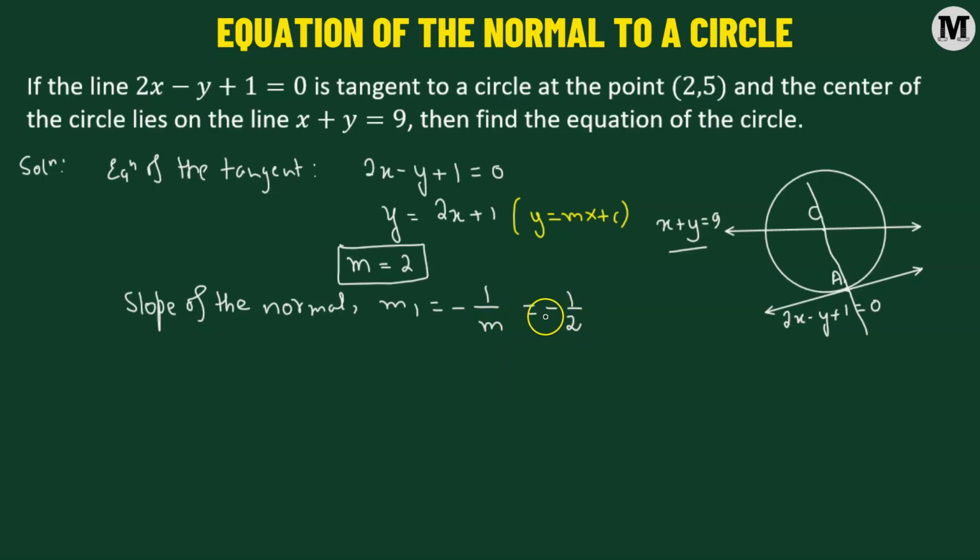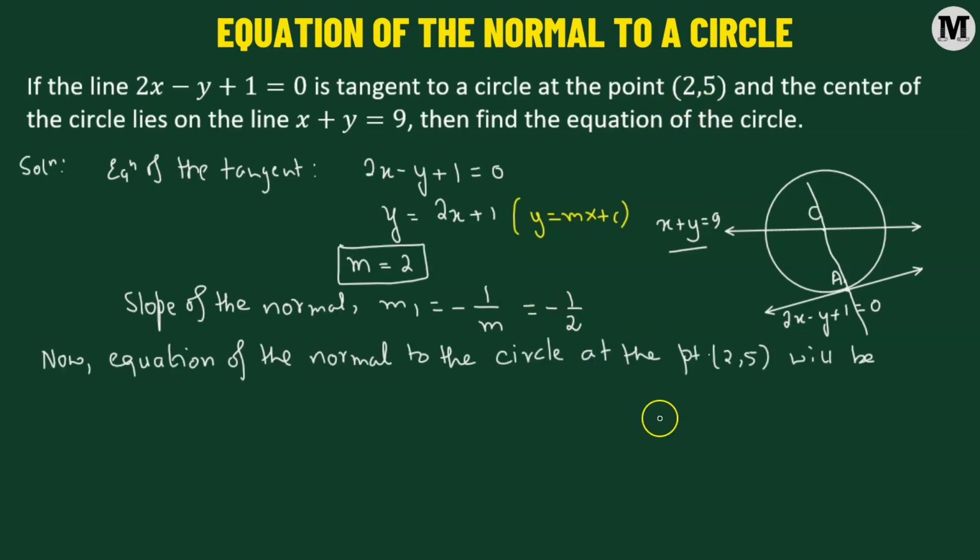So we have the slope of the normal line, and the line is normal to the circle at the point (2, 5). To find the equation of the normal line, we'll use the point-slope form, which is y minus y1 equals m times (x minus x1). Here m is the slope, and (x1, y1) corresponds to the point at which the line is normal to the circle, so in our case (2, 5).